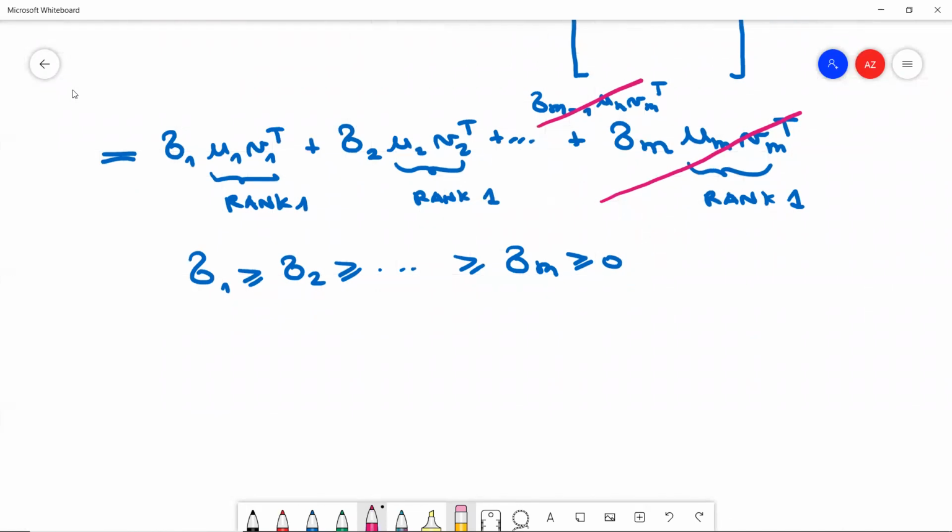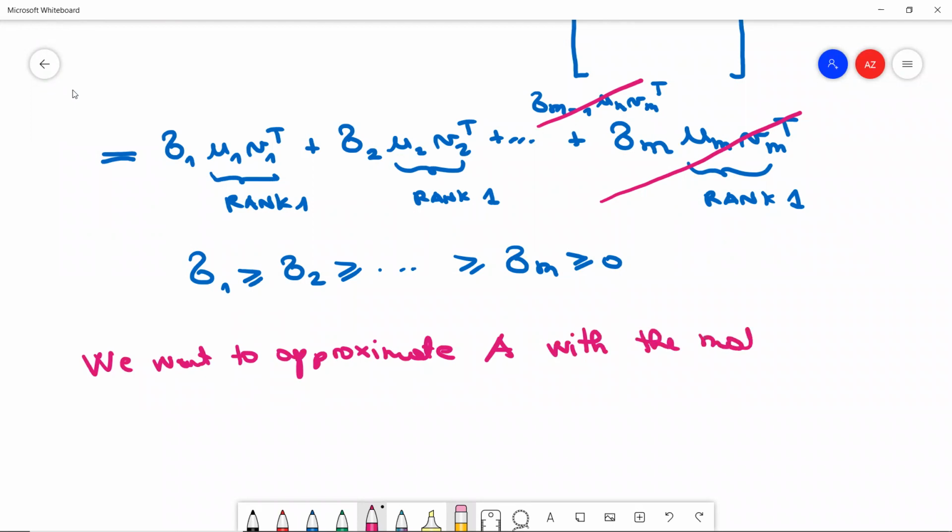So let me write this precisely. We want to approximate A with a matrix of rank k. So we choose k much smaller than n and m.